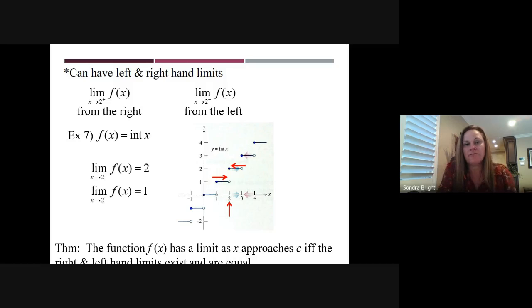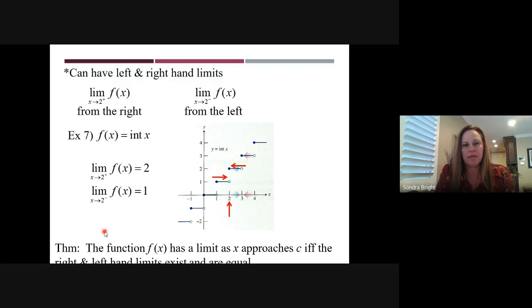So I could ask you, what's the limit as x approaches 2 from the right? What's the limit as x approaches 2 from the left? They've got those values. And if I were to just ask you, what's the limit as x approaches 2? The answer would be does not exist, because left and right hand sides need to match. Those limits need to have the same value.